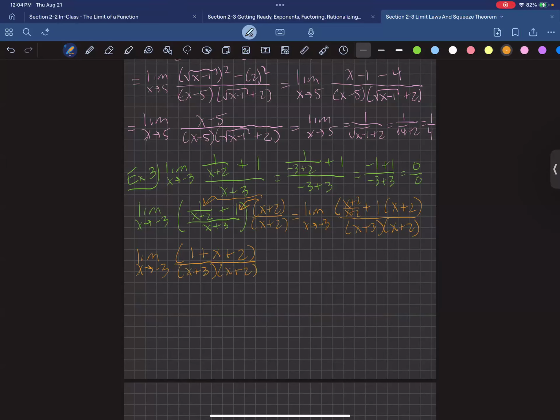You don't have to factor everything. Simplify. Hands going numb. Then we cancel out the x plus 3's. I get 1 over x plus 2. And now I can plug it in, it doesn't cause a problem.